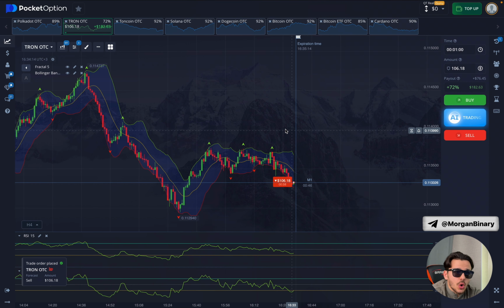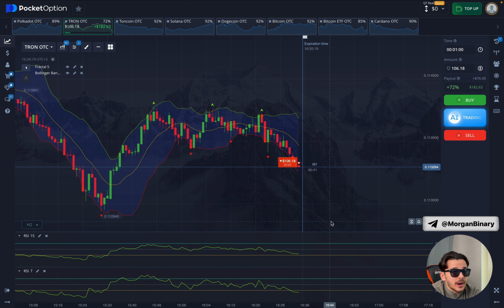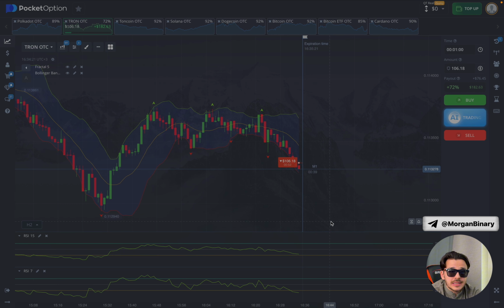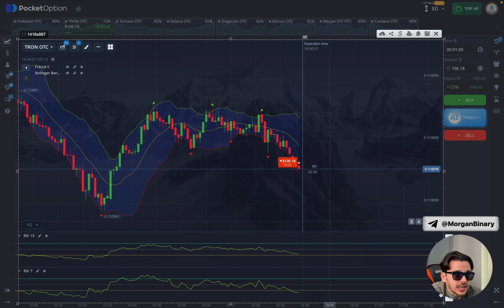Let's open a position on the downside here. But I will be guided more by the oscillator with a period of 15 in such moments. This is what we need here. And we can see that we haven't crossed the oversold area yet.